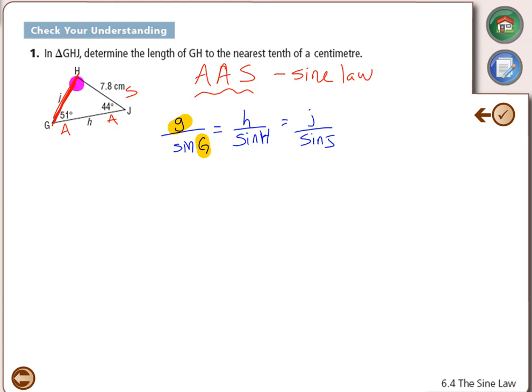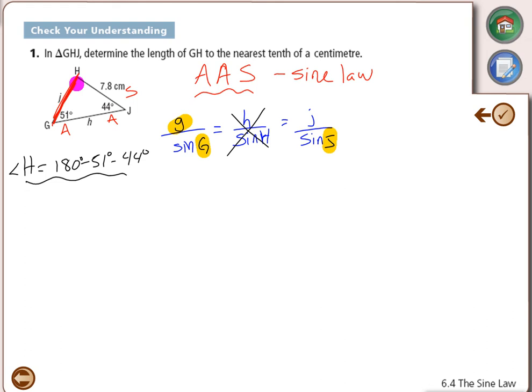So we could figure out angle H by going 180 minus 51 minus 44 degrees. That would give us H. But we're not looking for little h, so I actually don't even care about that part of the fraction. And then J is what we're looking for, but we do know the angle capital J. We know 3 out of the 4 things in those 2 fractions. That's what we're going to use right there.